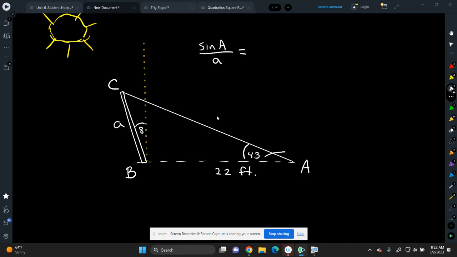If I use angle B, I need to know side B. Do I know side B? No. If I use angle C, I have to use side C. Do I know side C? Yes. So I'm going to use sine C over C.